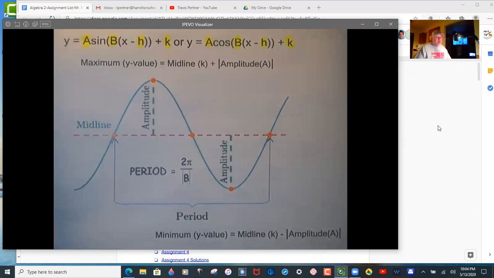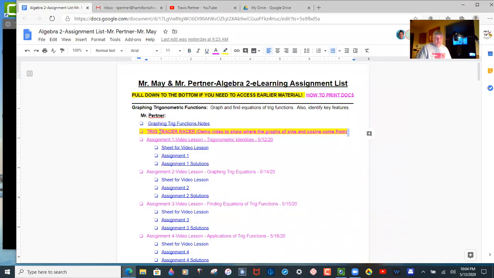So when you begin the study of function trigonometry, what you actually should do first is go and watch my trig tracer eraser video that explains where the graphs of sine and cosine come from, and how sweeping out right triangles around the unit circle produces the graphs of sine and cosine when you focus on the fluctuations of the vertical side of the right triangle, which is the graph of sine, and the horizontal side of the right triangle, which is the graph of cosine.